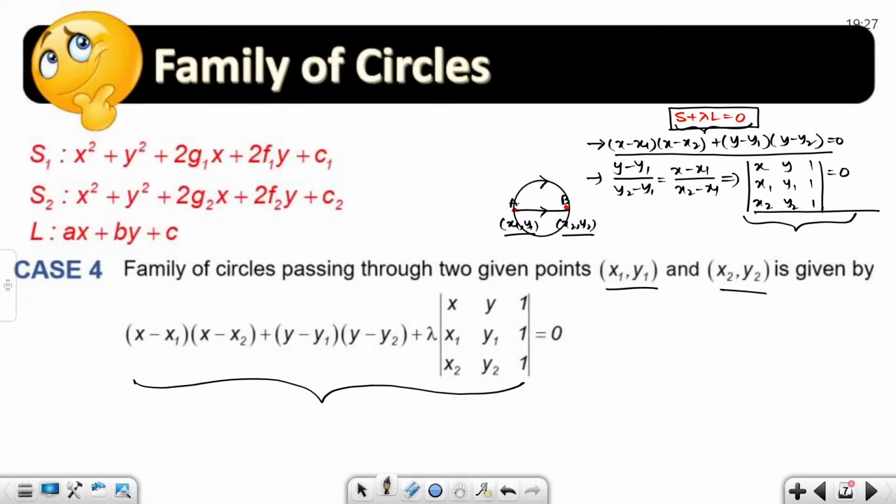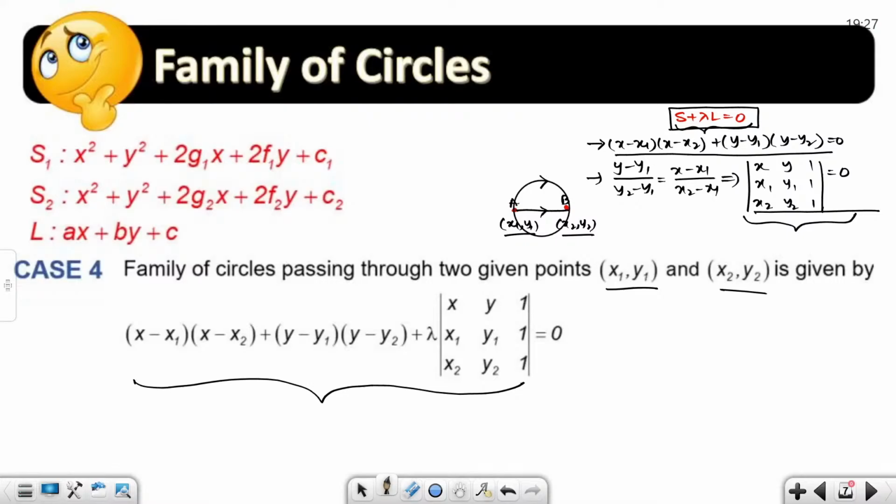That's exactly what I have done here. When only 2 points are given to us, they have said find out the family of circles passing through these 2 given points. So first I have created a circle passing through these 2 points. How? We have formed the equation of a circle where A and B, these 2 points, are the extremities of a diameter of the circle. So that diametric form we got.